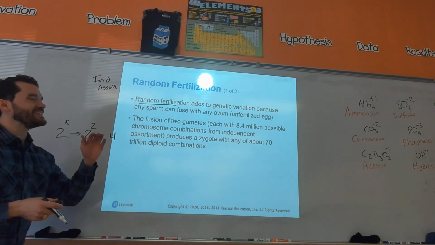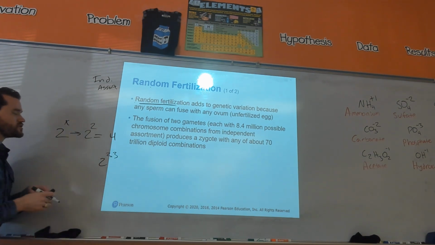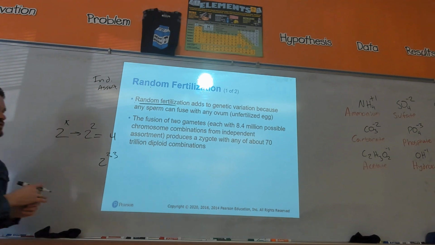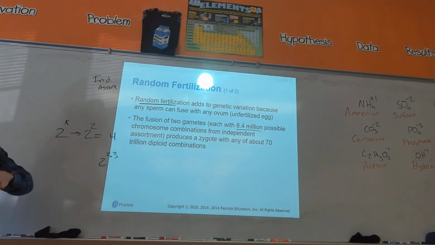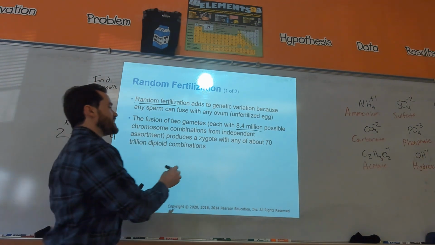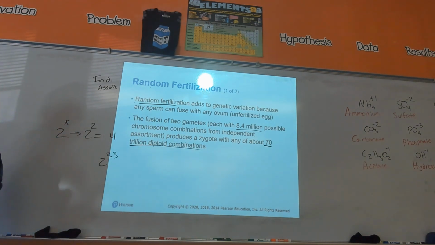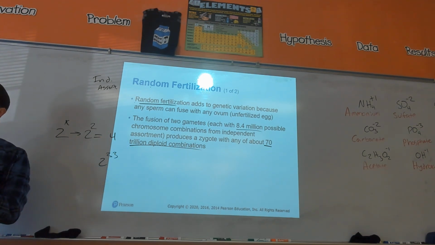If you combine independent assortment, 2 to the 23rd different possibilities of how the chromosomes align, which we said was 8.4 million possible combinations, with the fact that any sperm could fertilize any egg, you would get to 70 trillion diploid combinations. 70 trillion combinations of kids your parents could have had. And that isn't all of them because these numbers aren't including crossing over.